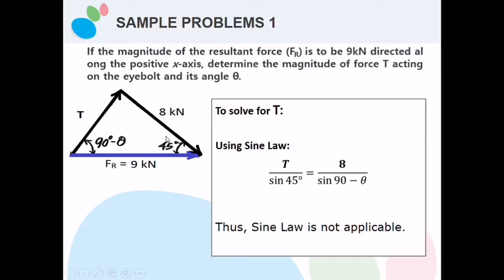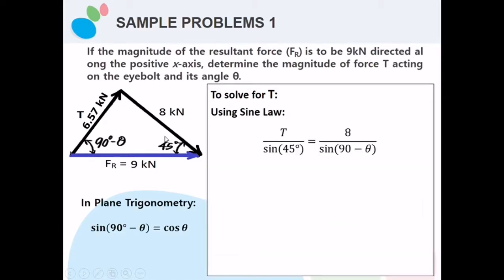So let us try to solve. Okay, so at this point, we have here a typo error. So at this point, let us try to solve for the theta. Again, we can use the easiest method to solve for the theta, which is the sine law.